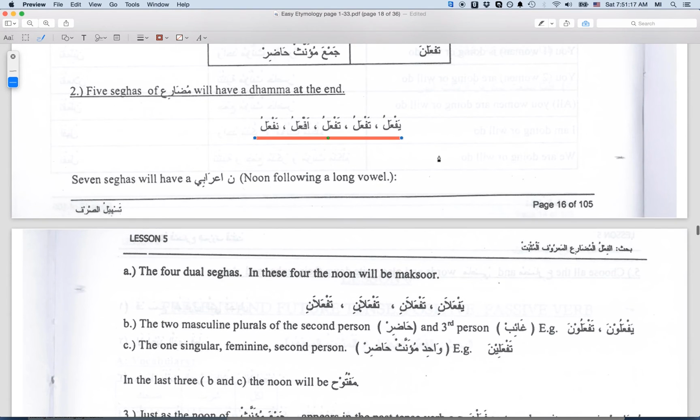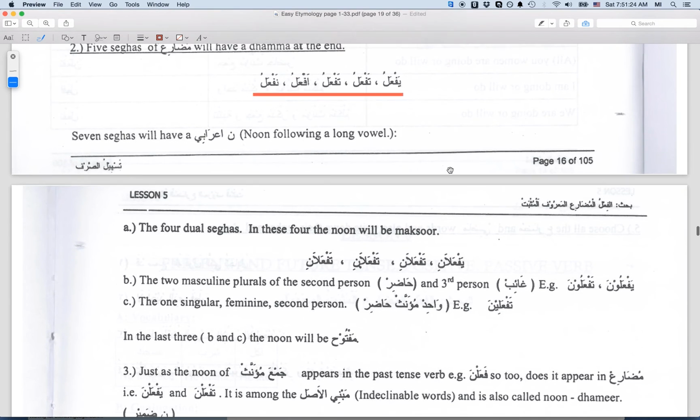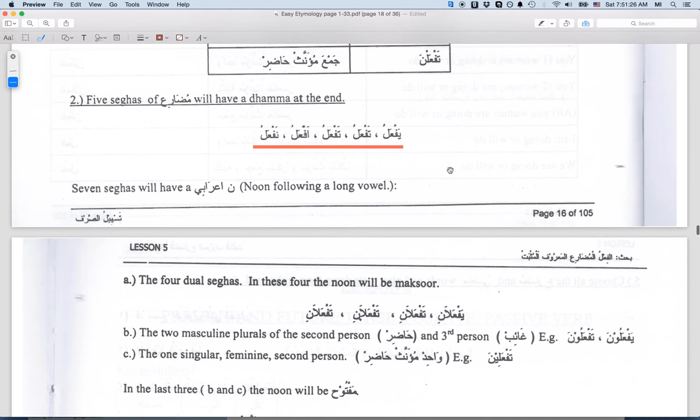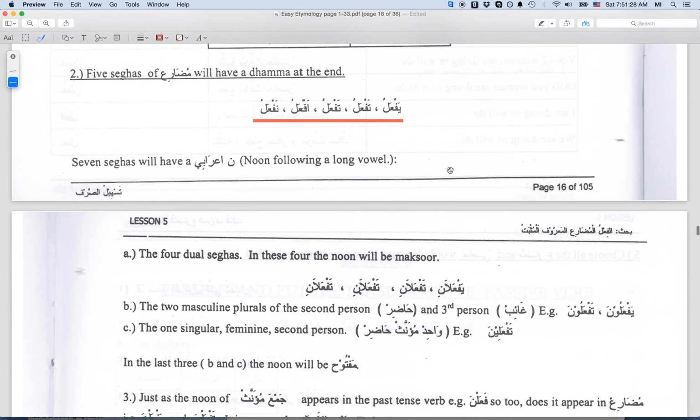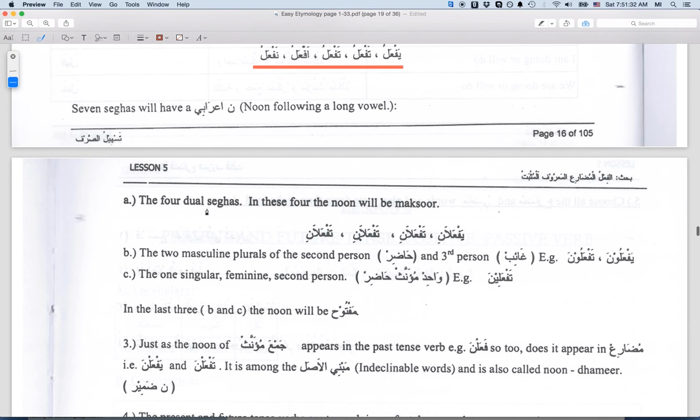7 sigas will have nun i'rabi following a long vowel. Where are the examples of those? Okay, actually they did give them: the 4 dual sigas. In these 4, the noon will be maksur. يفعلان, تفعلان.